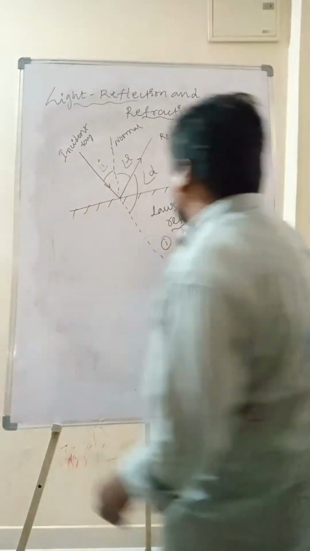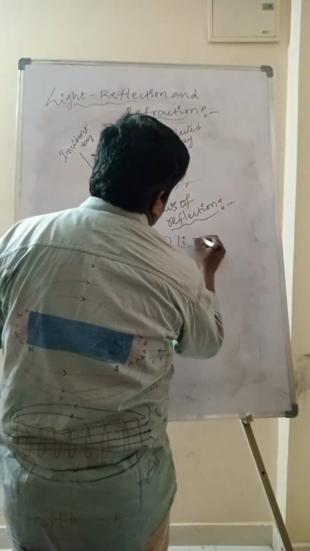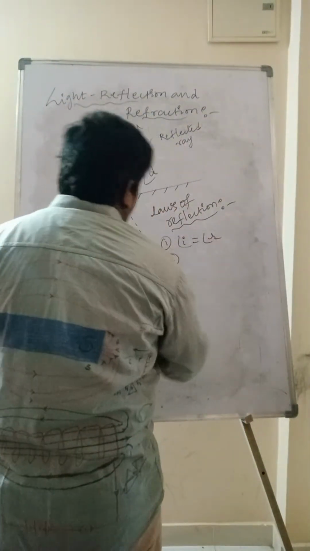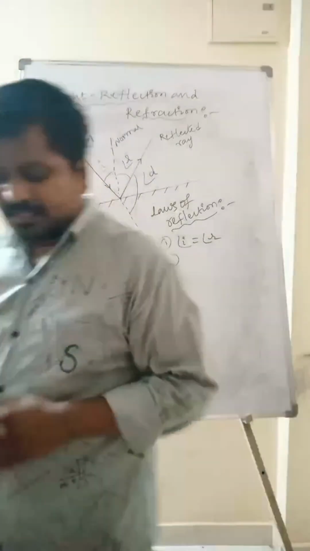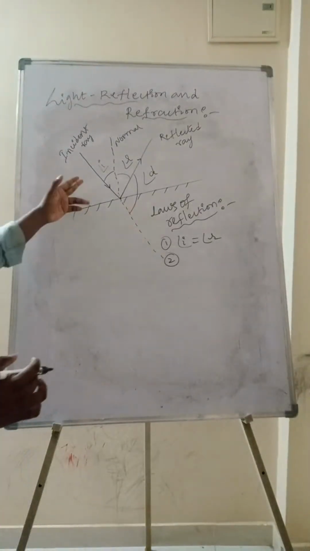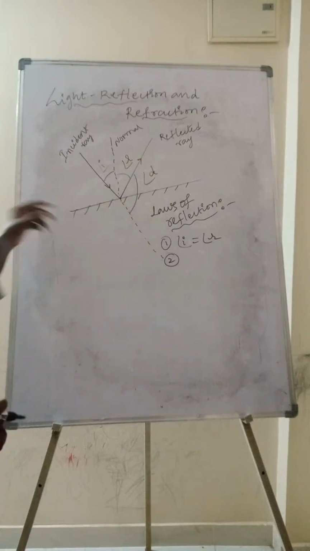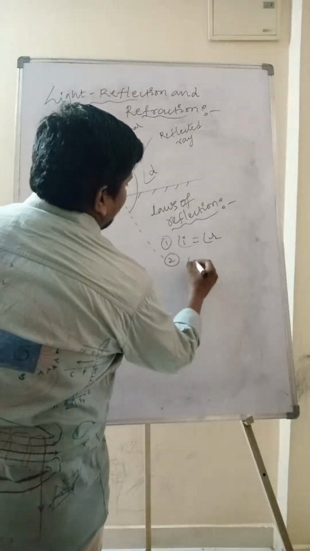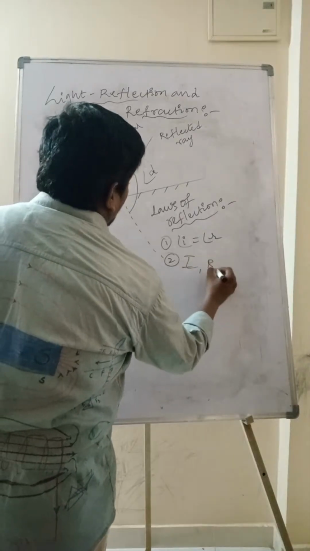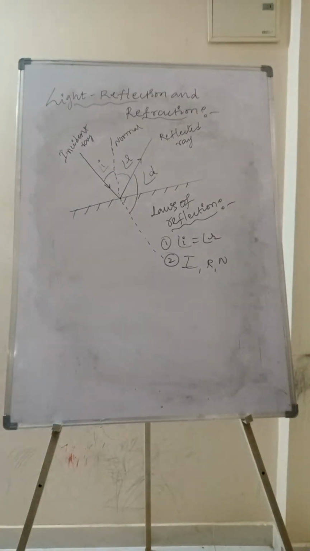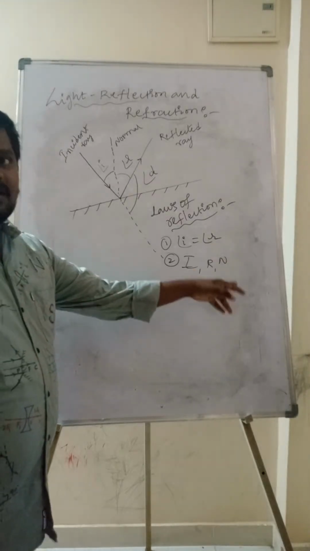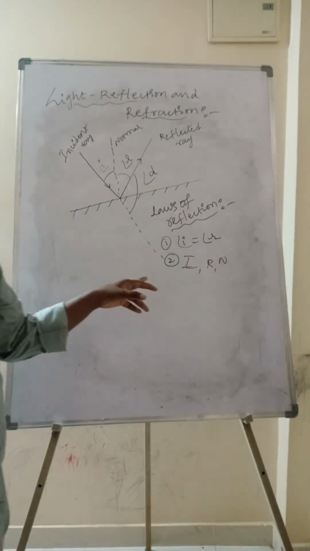The second one is that the incident ray, the reflected ray and the normal line lie on the same plane.